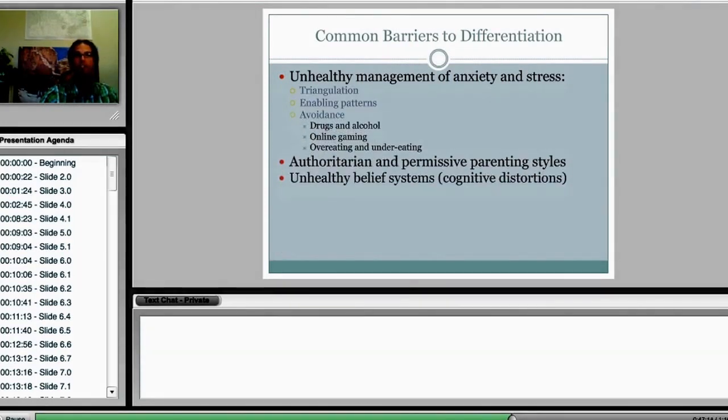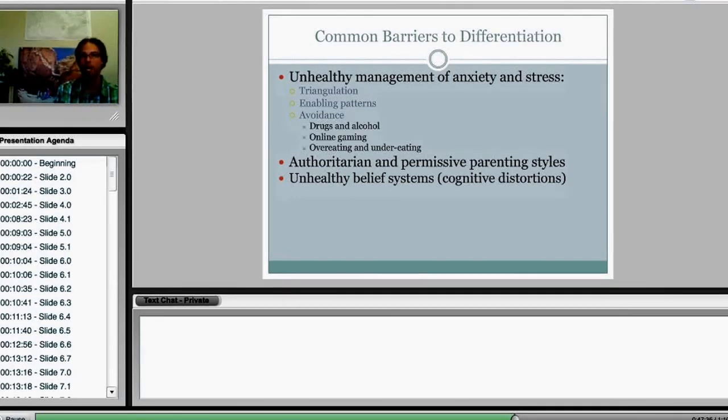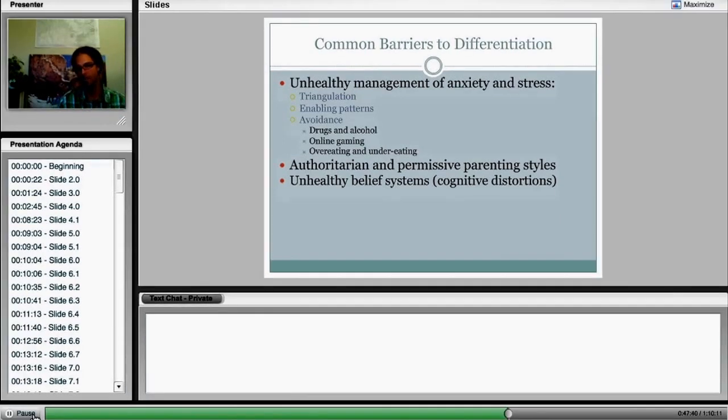So here are barriers and things that get in the way of differentiation. Again, it means how can I manage these continuums that we talked about in a way that has a level of intention. Triangulation is basically the idea of when there's a problem between two people, one of them brings in a third party. So person one has a problem with person two, and if I use myself as an example, I go talk to person three about this, and after talking to person three, I feel better.